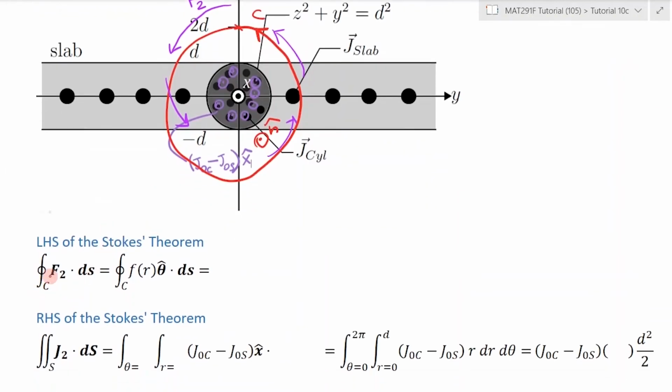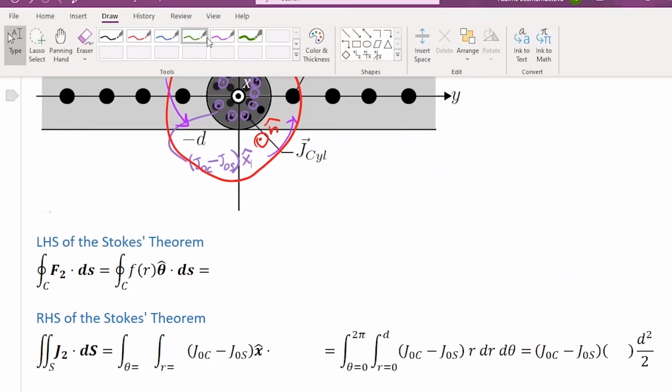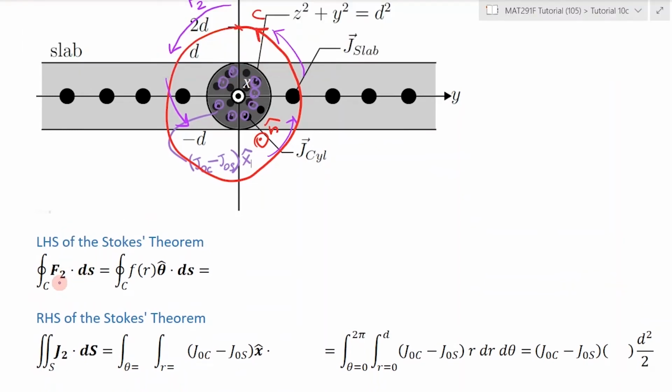The left-hand side of Stokes' theorem simplifies as follows. We have f2, remember it's equal to f at r, well actually r equals 2d, times theta hat. I'm actually going to replace this with 2d. And then we have theta hat dotted with ds.